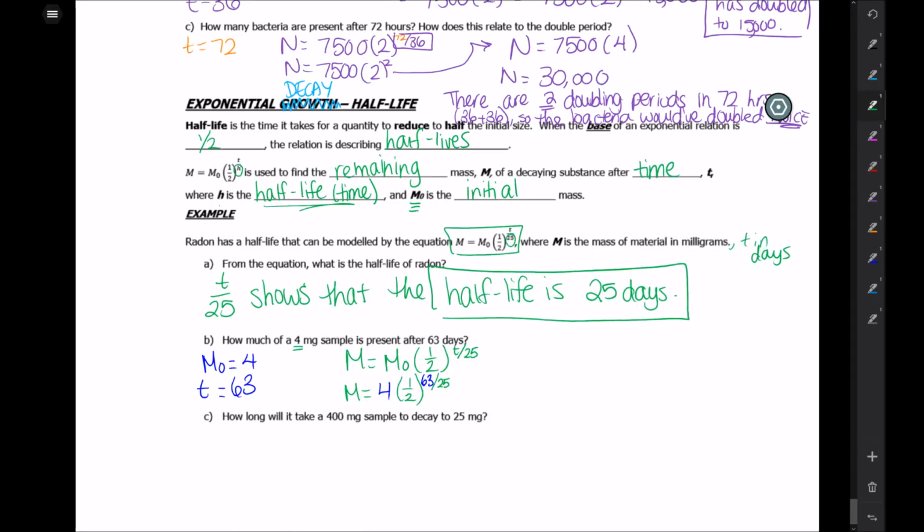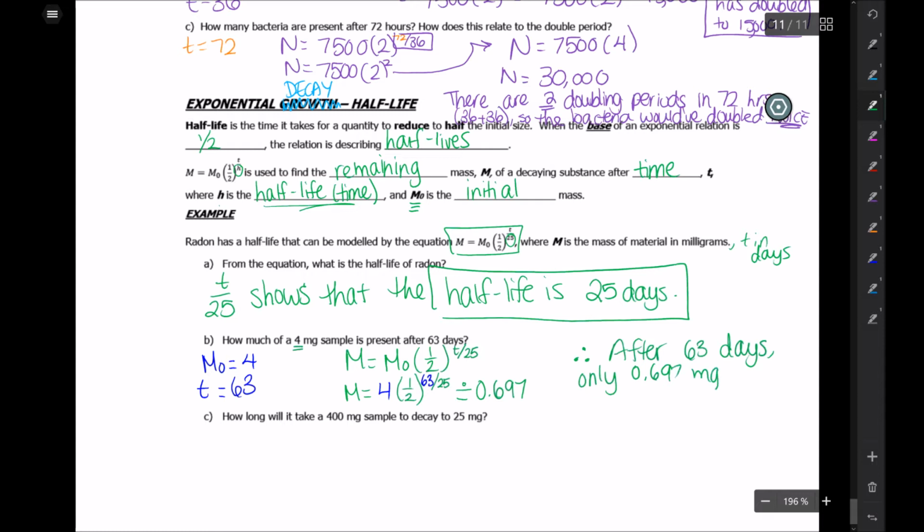So here we can say that this is approximately equal to 0.697. So we can say, therefore, after 63 days, only 0.697 milligrams is left of the 4 milligram sample.